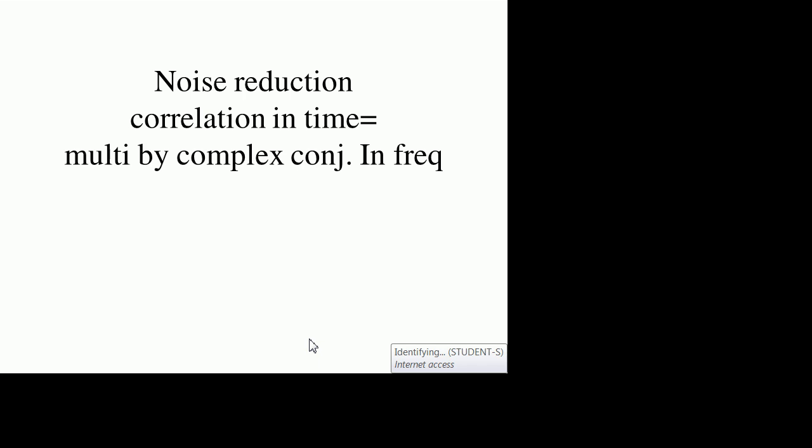So if noise reduction is a way to justify the use of correlation, I can say that the correlation in time is equal to a multiplication by the complex conjugate in the frequency domain of a signal with itself. So take the signal, take its Fourier transform, make a copy of it with a complex conjugate, then multiply it by itself, then do the inverse Fourier transform, and voila, you have done a correlation that reduces noise.